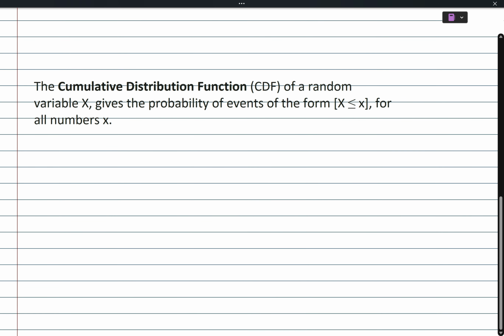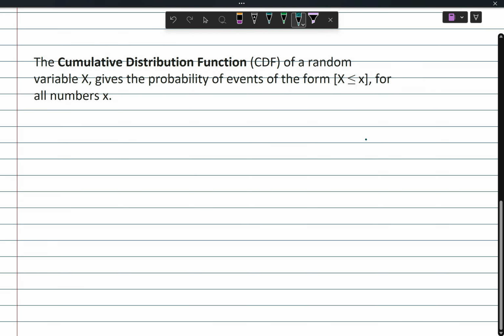The cumulative distribution function, or what we can call the CDF, of a random variable X gives the probability of events of the form X is less than or equal to x for all numbers x.